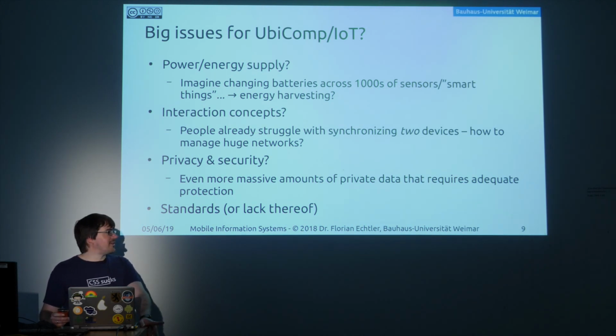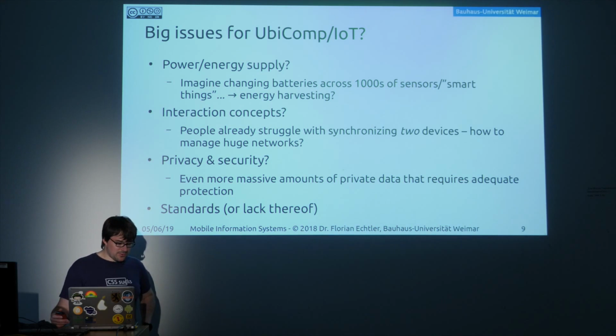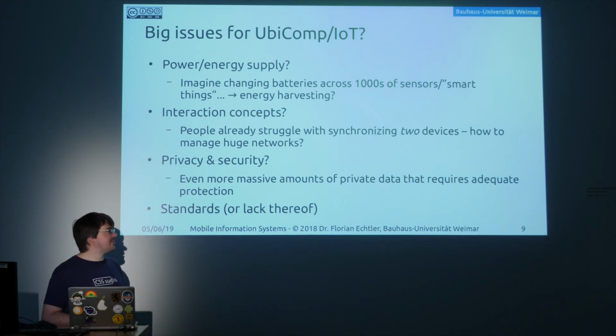We already talked about the privacy and security implications, that you have even more private data that somehow needs to be protected. And last but not least, we don't really have any standards for these IoT things. Right now, every vendor tries to roll their own and also sell their own, and things aren't really compatible with each other.